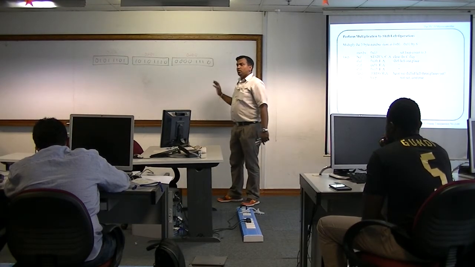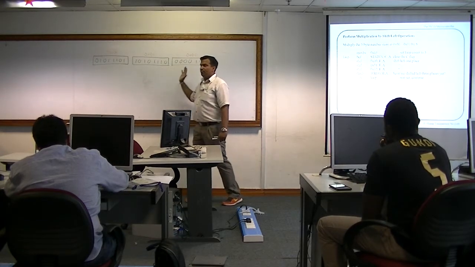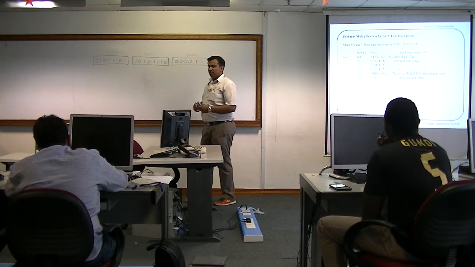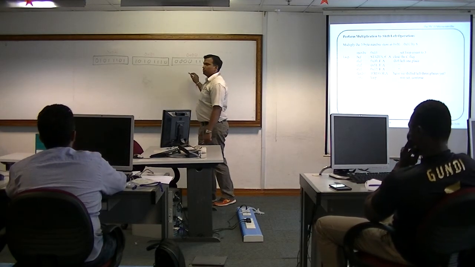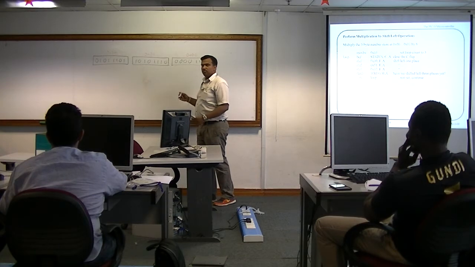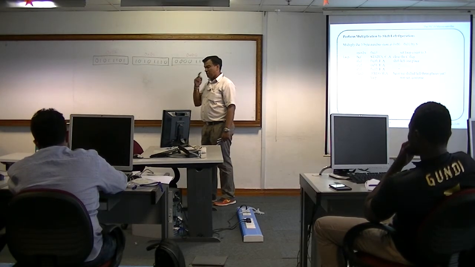Now we're supposed to rotate left, but it's supposed to rotate everything left, you know. But there is a problem. You cannot use rotate left not through carry. Why can you not use rotate left not through carry?